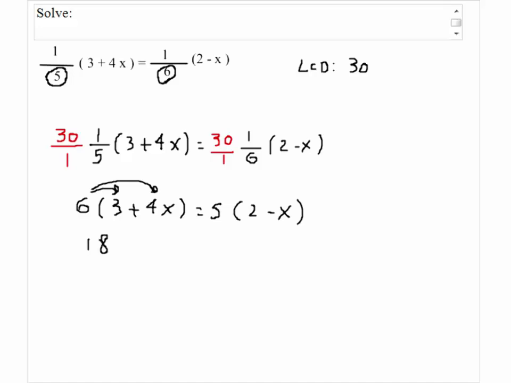6 times 3 would be 18 plus 6 times 4x would be 24x is equal to, and I distribute here, I would get 5 times 2, which is equal to 10 minus 5x, and I can add 5x to both sides of the equation.